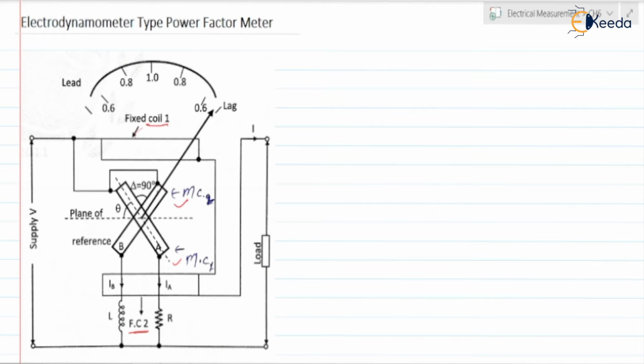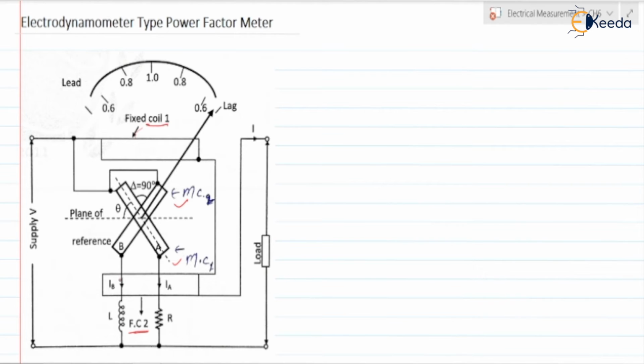To one of the moving coils we have connected the pointer, and here is a scale. The power factor may be unity, lagging, or leading. One of the moving coils we have made a purely resistive circuit, and to the second moving coil we have connected an inductor, making it an inductive circuit.